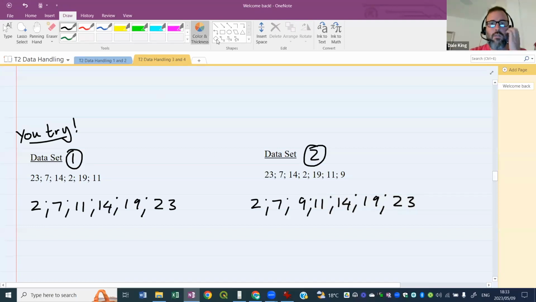All right. Give you 30 seconds and then we'll try this one out. It does take time to put the data sets in order. So hopefully in the exam you don't get a disordered data set. They're not being very nice if they do that.